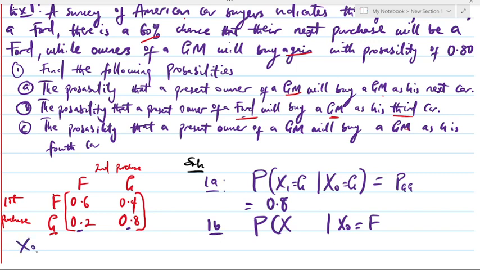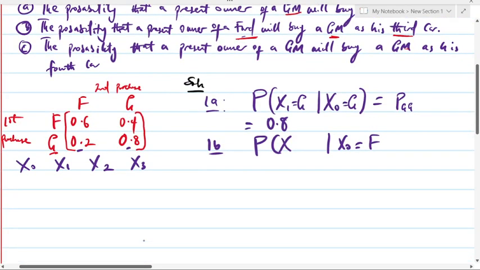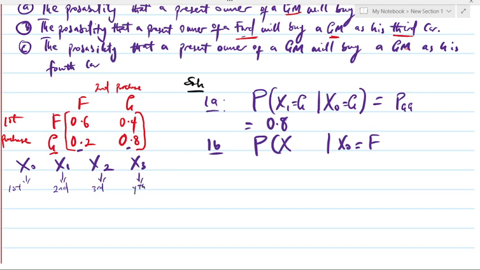We have X0, which is the first purchase, X1, which is the second purchase, X2, which is the third purchase, X3, which is the fourth purchase.